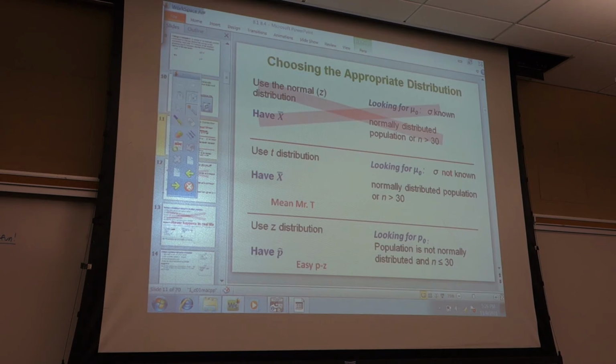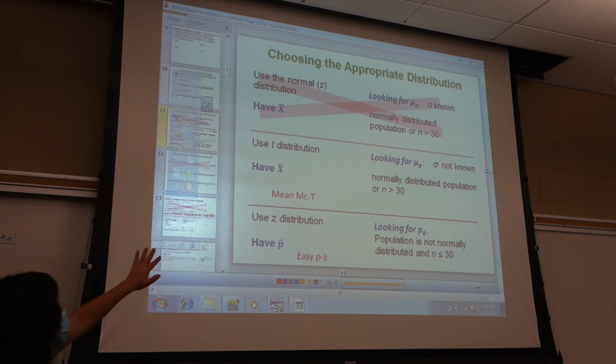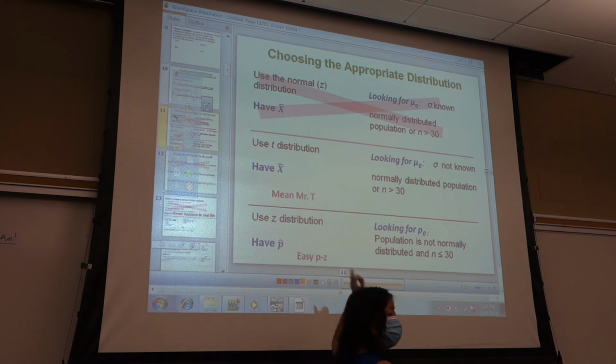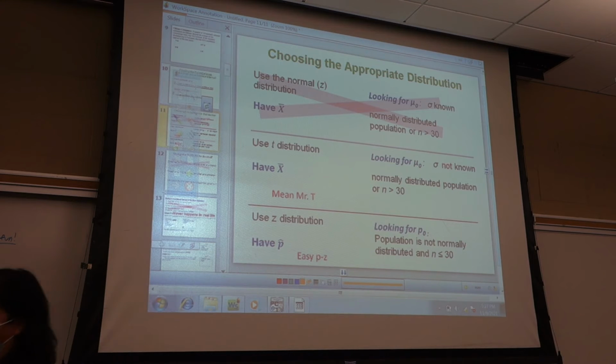And the last thing we talked about was finding the appropriate distribution. So on your notes, the very last thing on your chapter 7 notes, on the back page, is this. The top one, you should cross that out. Why? Because it's unrealistic. It never happens in real life that we happen to know sigma, but we don't know mu. So cross that top one out on your notes.